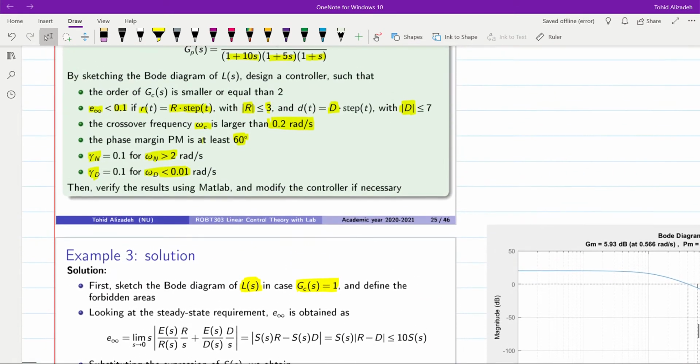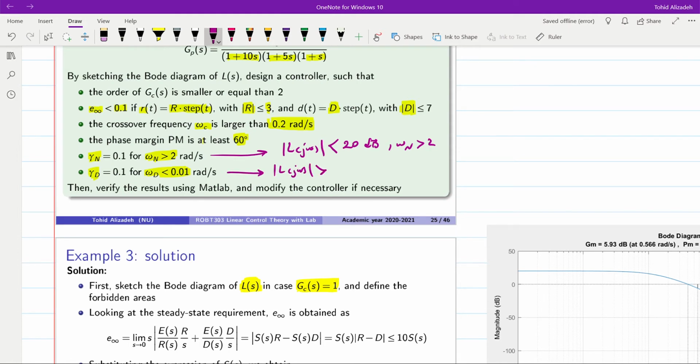If I want to determine the dangerous zones for the disturbance rejection and noise attenuation, for the noise we need to have the amplitude of L(j omega) smaller than minus 20 decibels for omega n bigger than 2 radian per second, and for the disturbance the amplitude of L(j omega) should be bigger than 20 decibels for omega d smaller than 0.01.